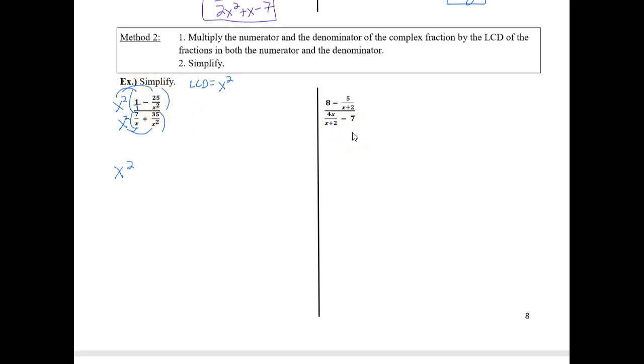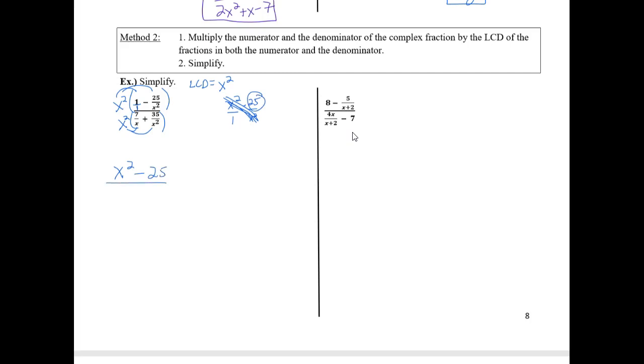Let's just write it out for a second. X squared times 25 over x squared. The whole reason we did this is that the fractions should divide out. X squared divided by x squared is 1, and I'm only left with the 25. So minus 25.